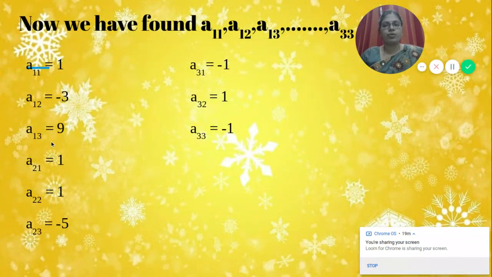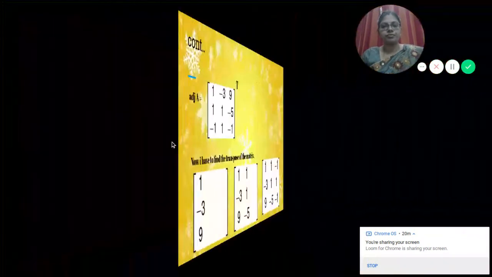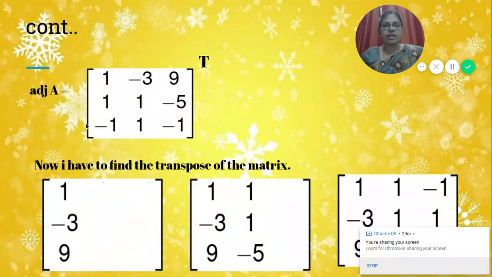Now we have found all the elements A11, A12, A13, A21, A22, A23, A31, A32, A33. Now we have written it in a matrix form. Now we have to transpose the matrix to find the adjoint of A. In the earlier classes, we have learned how to find the transpose of a matrix.